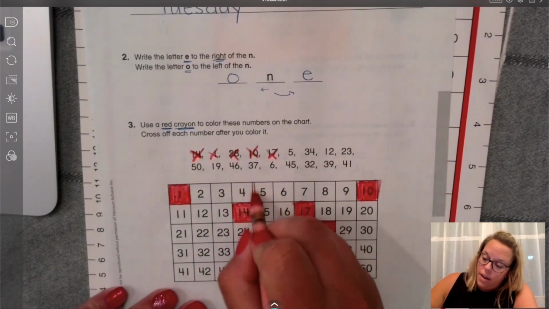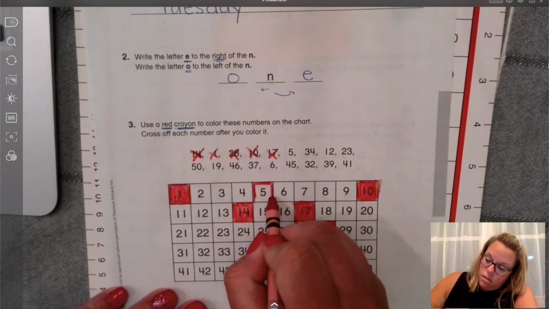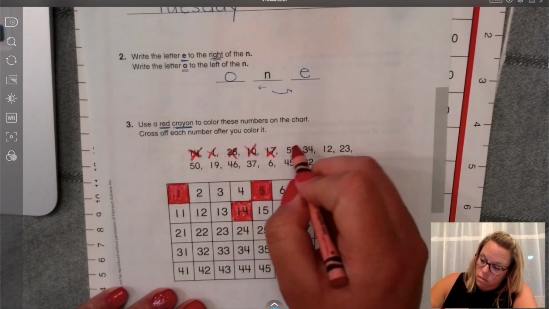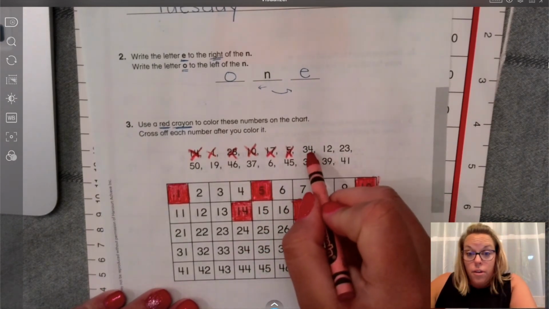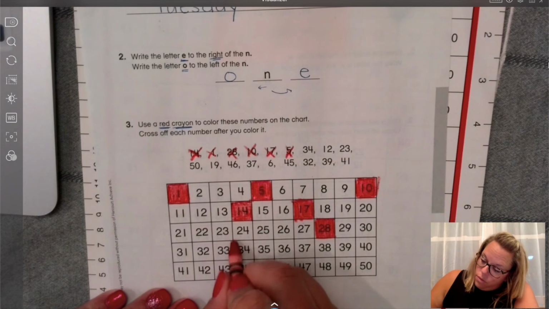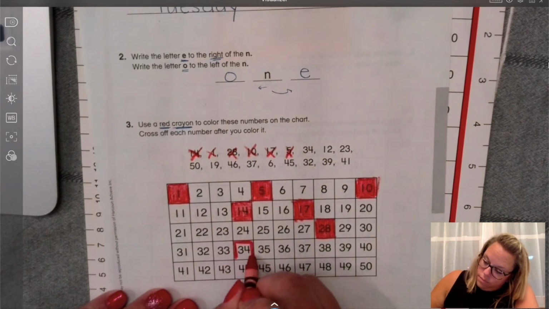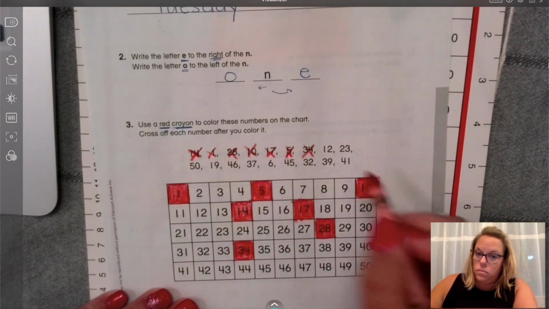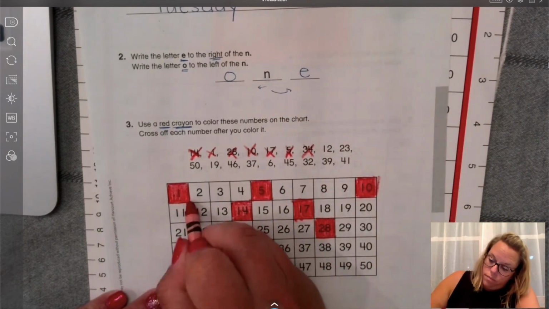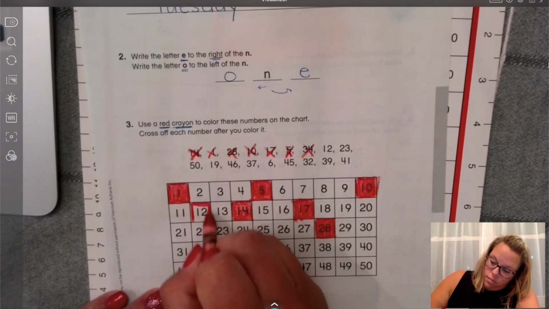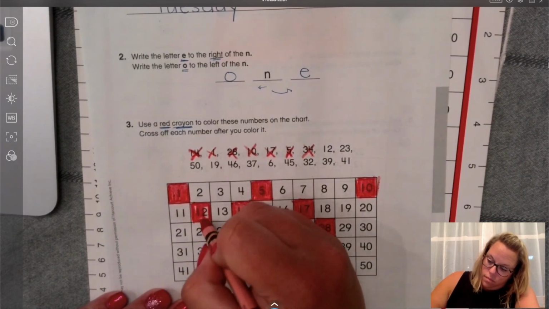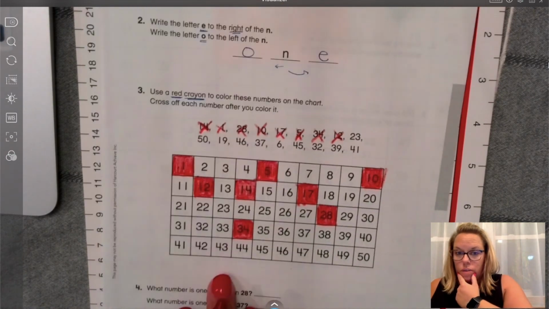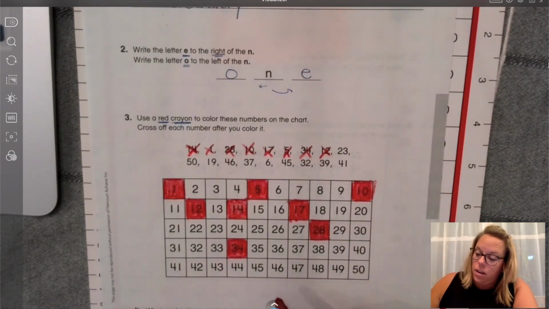5. Here's 5. 34. 3, 4, 34. 12. All right, first grade. So I'm finishing the rest of these in a second here. Let's keep finding 23.